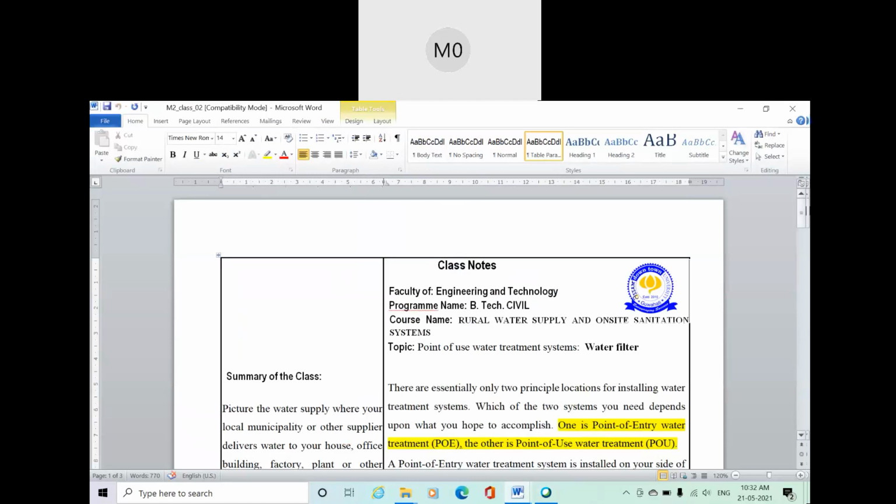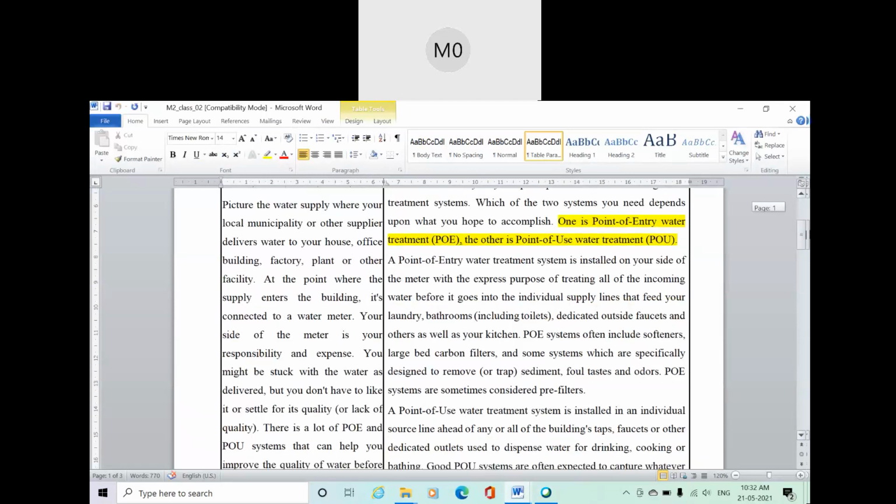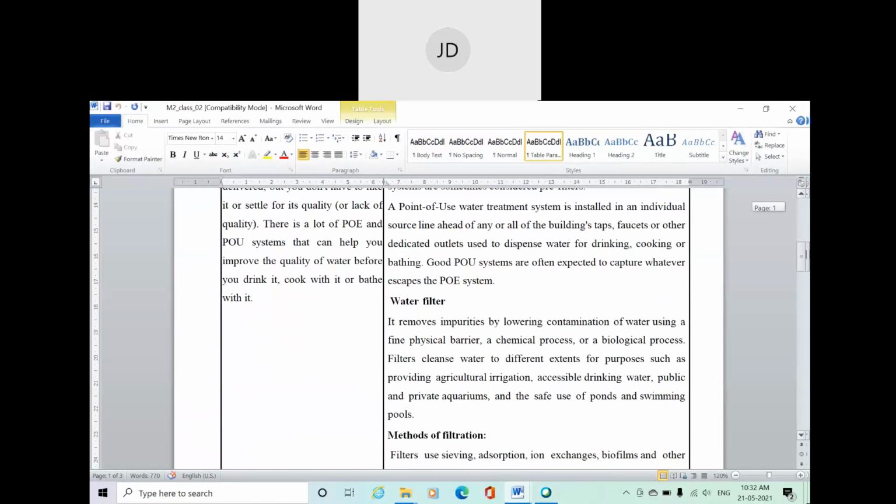Yeah. In the last class, we discussed how a water filter works, right? So what is a water filter? It removes impurity by lowering contamination of water using a fine physical barrier. You just concentrate on this word, okay?